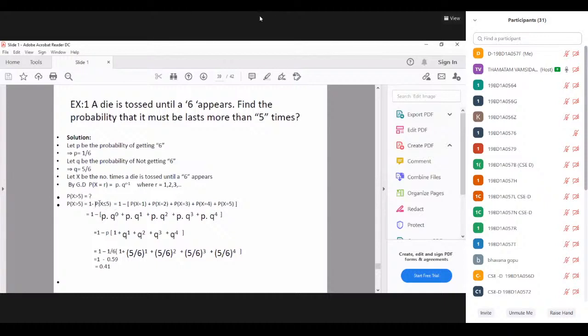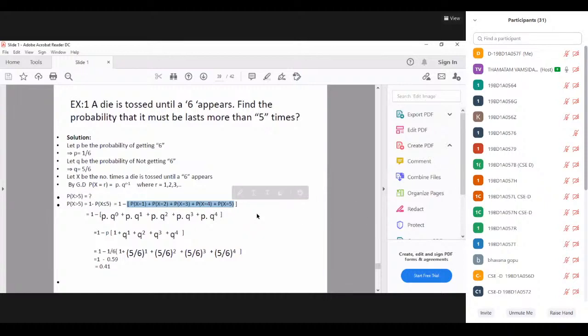The probability of x less than or equal to 5 can be written as probability of x equals 1 plus probability of x equals 2 plus probability of x equals 3 plus probability of x equals 4 plus probability of x equals 5.